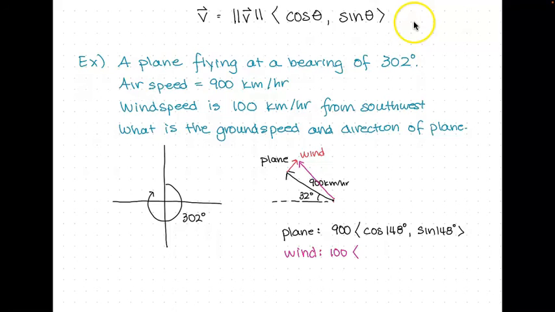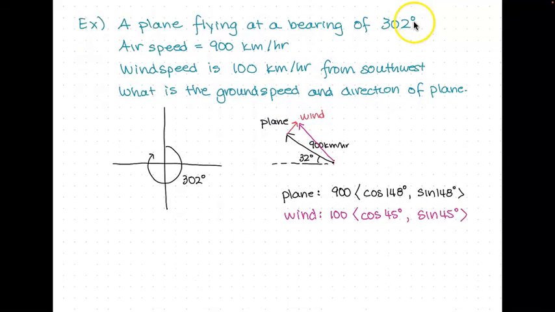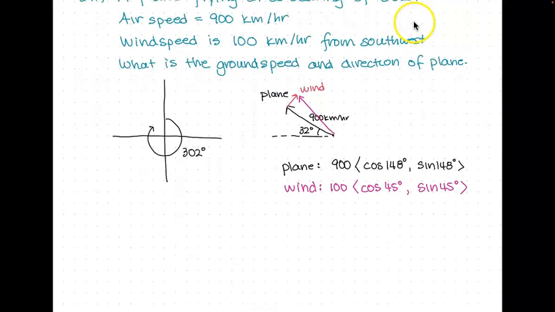And what's the angle for the wind? 45 degrees. So cosine 45 degrees, sine 45 degrees. So I'll just set it up, but we won't have time to finish it. But the resultant vector, you add those two vectors together.